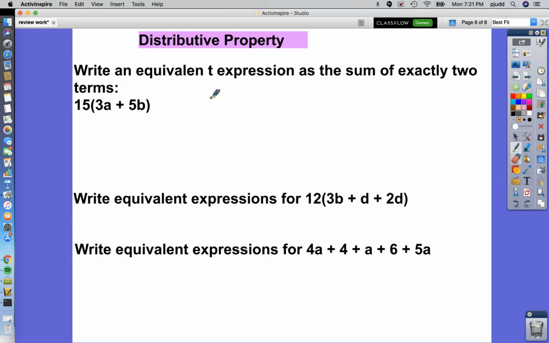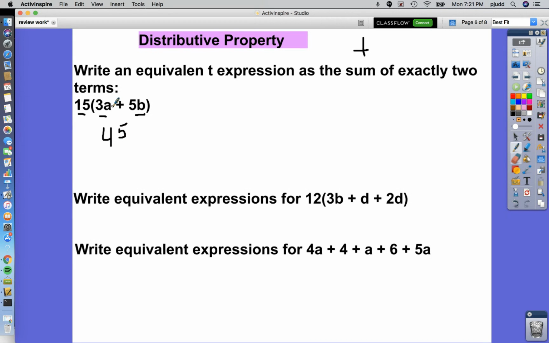Okay, so I want to write this expression as a sum of exactly two terms. But remember, we have 3 terms here right now. I have multiplication and addition, and I want exactly 2 terms. And because this is sum, I know that I need to have addition. Well, distributive property tells me to multiply the number on the outside by the numbers on the inside. 15 times 3, that's 45.